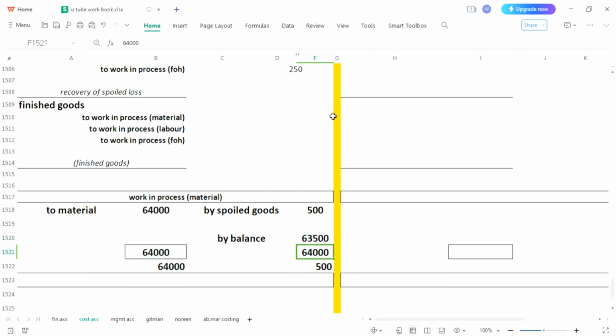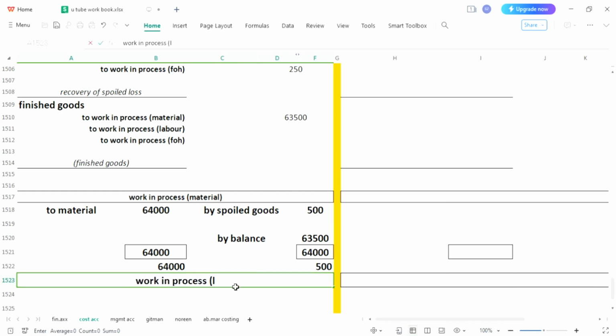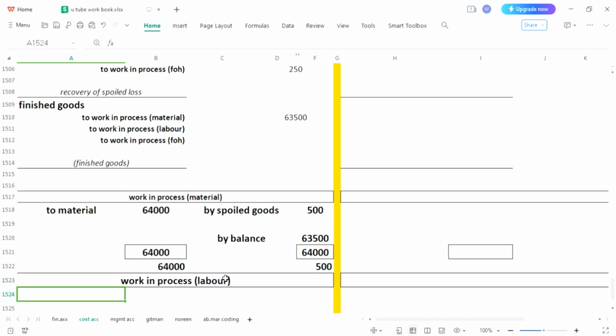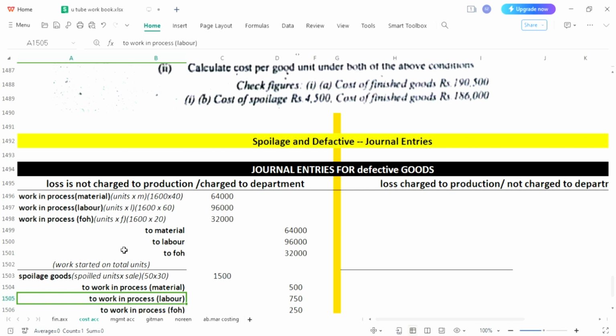So here in work in process material ledger, the balance which we have calculated, 63,500, put over here. Now we will be looking forward to the work in process labor account, and we will look for where work in process labor is present.